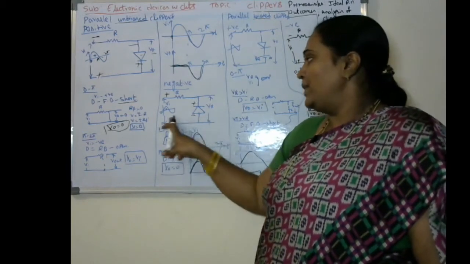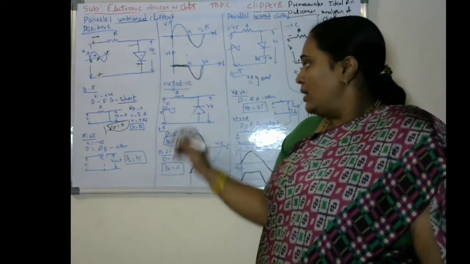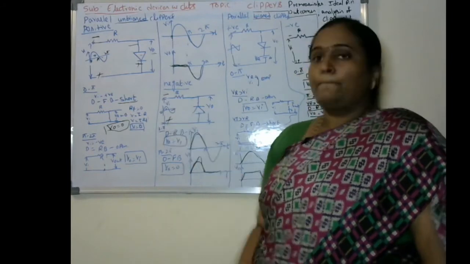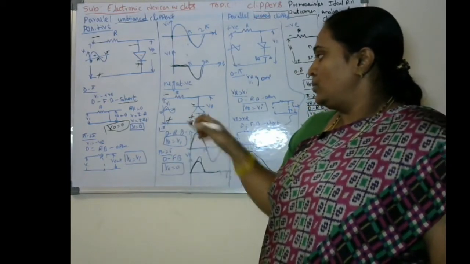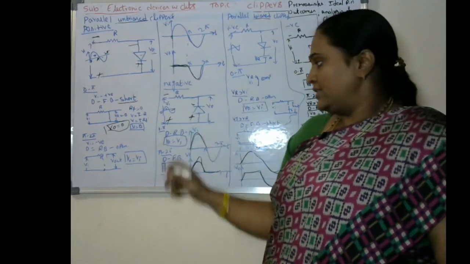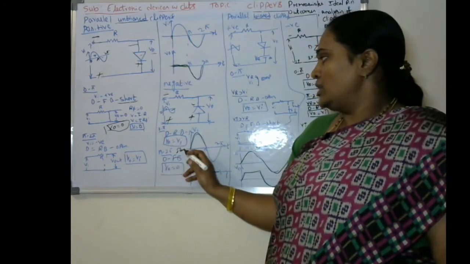In the pi to 2 pi case, the polarity is negative here and positive here. So what happens? The diode is in the forward condition. Whenever the diode is in the forward condition, it acts like a short circuit.